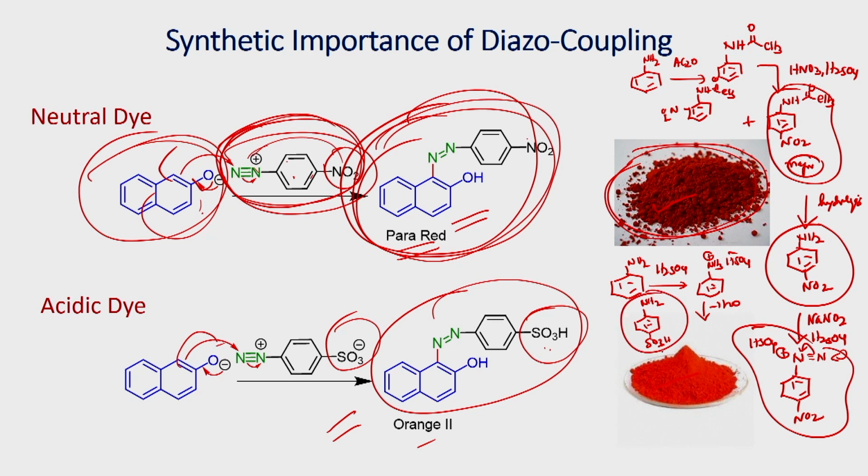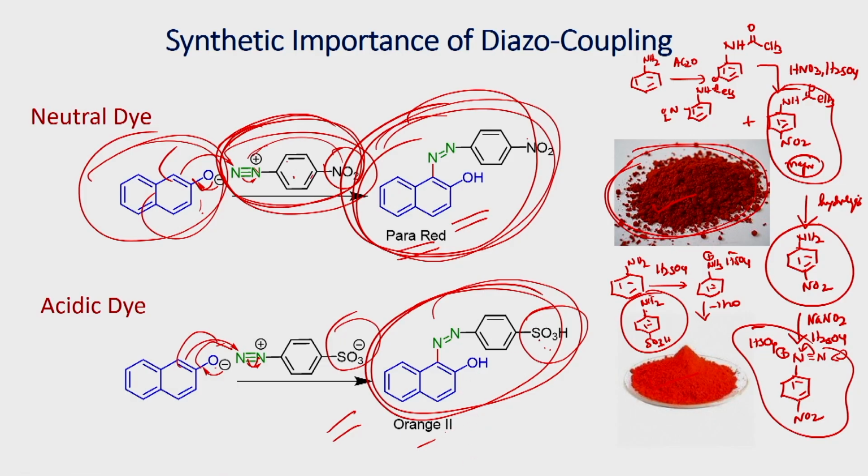Once we have this one, as we have just seen, you can react with nitrous acid in acidic medium to make the diazonium salt. Once we have this one, this can undergo addition reaction, as we have just seen, and you will be able to get this dye, which is orange colored.